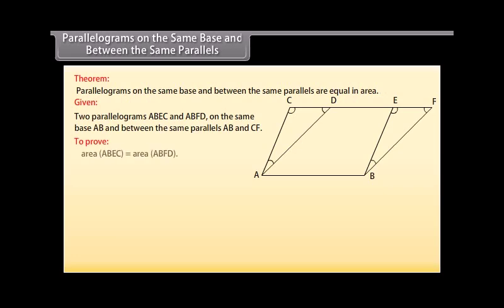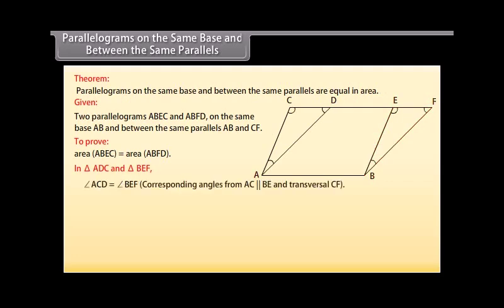We need to prove that area of ABEC is equal to area of ABFD. In triangle ADC and triangle BEF, angle ACD is equal to angle BEF because these are corresponding angles from AC parallel to BE and transversal CF.